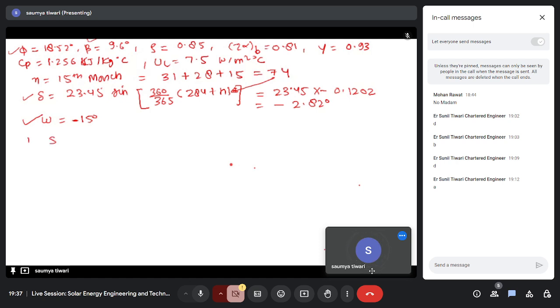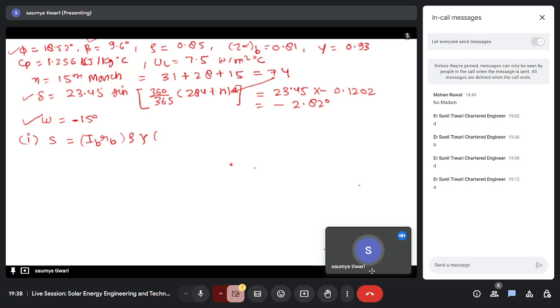S equals I B into R B for beam radiation. Then we have the reflectivity of the concentrator, then the intercept factor. Not all of it is reaching the absorber tube; only a part of the reflected radiation reaches the absorber tube. For that we have the intercept factor.